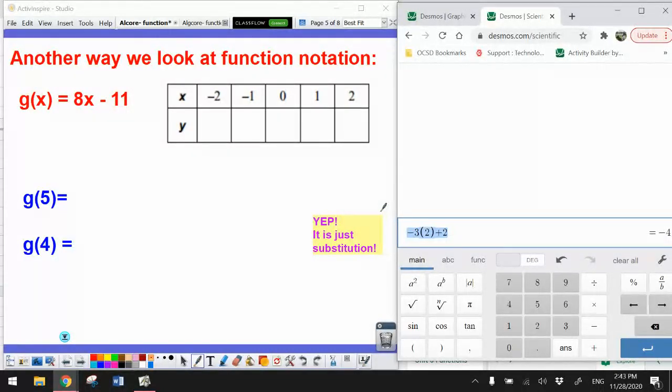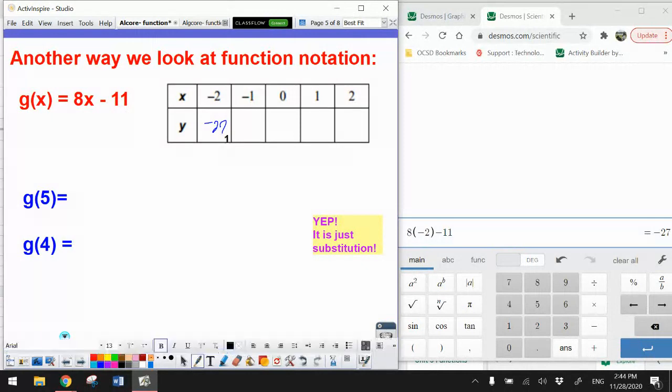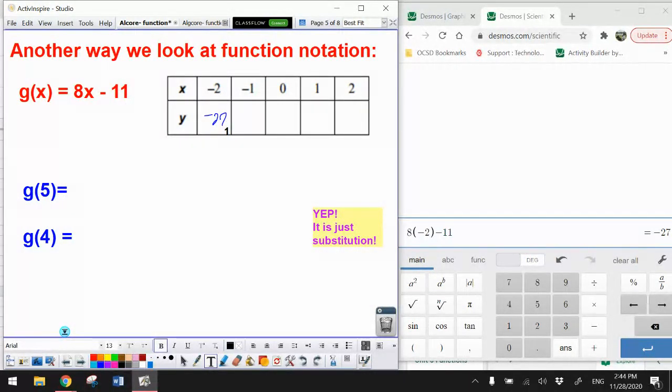So let's use our calculator this time because we have bigger numbers. So 8 parentheses, and I'm going to start with negative 2 parentheses minus 11. So my first answer is negative 27. And I'm going to go over here and change that to a negative 1. And it gives me a negative 19.